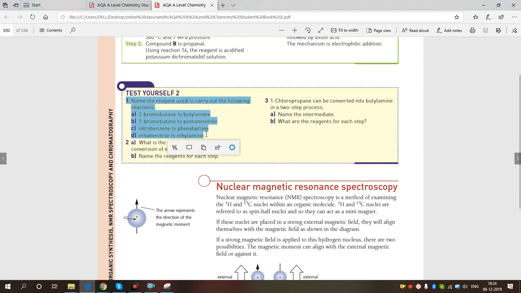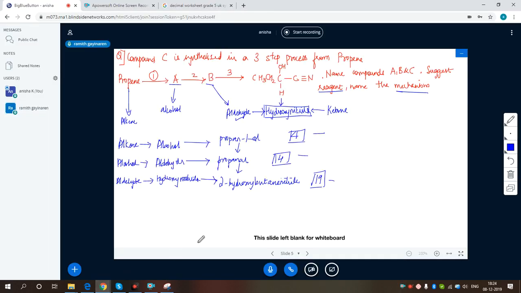So all it says for that is that aldehyde or ketone goes to hydroxynitrile, then that goes on to CH3CHO plus HCN.